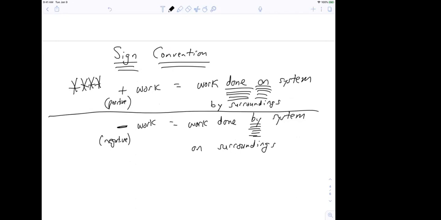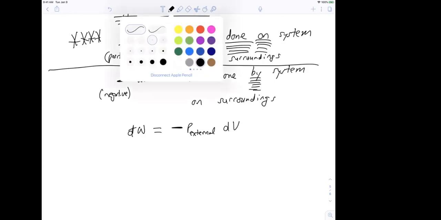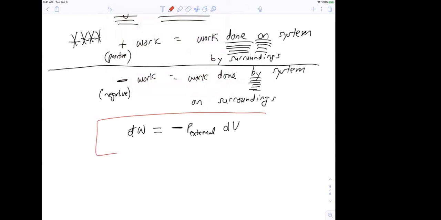These are very simple terms. So in order for this to hold, we will now have to make this minor modification to our expression for work. For the differential amount of work, dW is going to have a negative sign in front of it, P external times dV. And this is something that we will use over and over in our discussion of the first law and work for this course. Okay, so dW is minus P external dV.